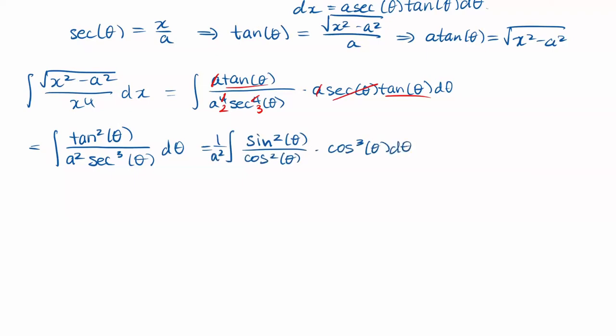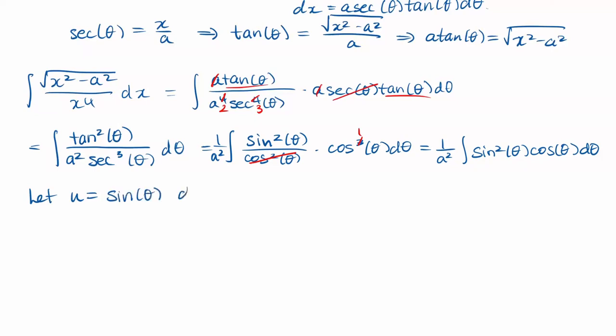We see here that this cos squared theta cancels, and we would just have one cosine left. So this is just 1 divided by a squared times the integral of sine squared theta cos theta d theta. Well, this one is just going to be one of our trig integrals. So we're going to make a substitution for sine theta. I'm going to say let u be equal to sine theta.